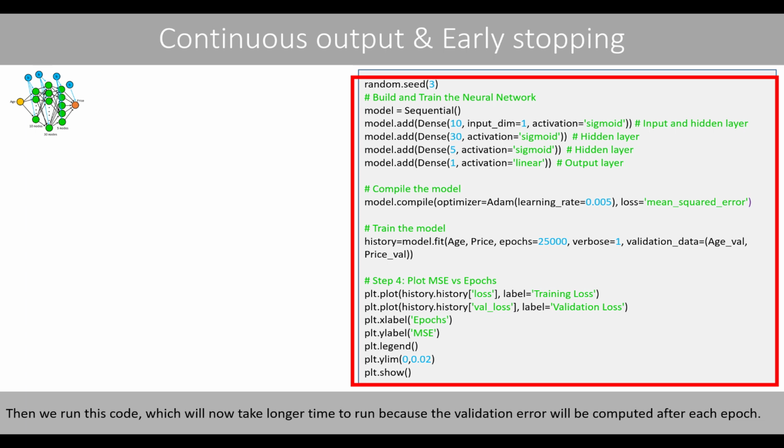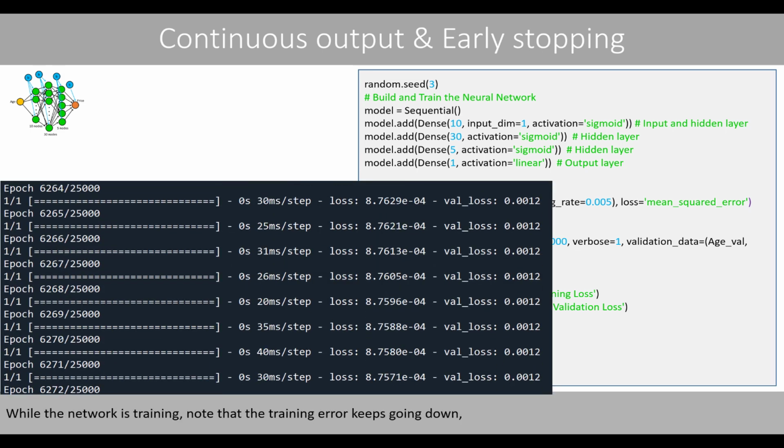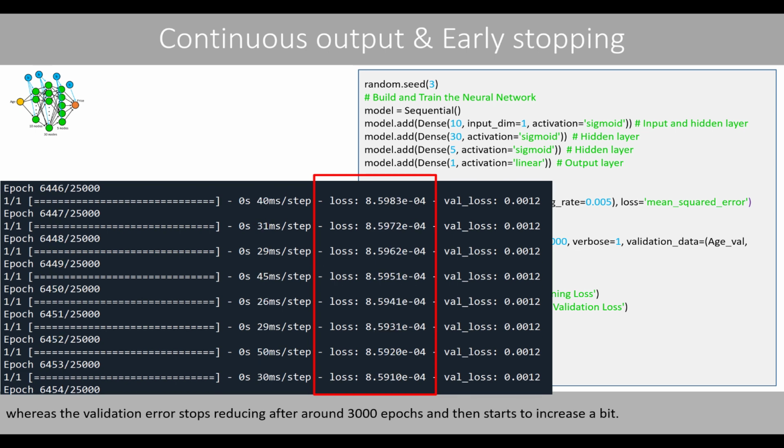Then we run this code, which will now take longer time to run because the validation error will be computed after each epoch. While the network is training, note that the training error keeps going down, whereas the validation error stops reducing after around 3000 epochs and then starts to increase a bit.